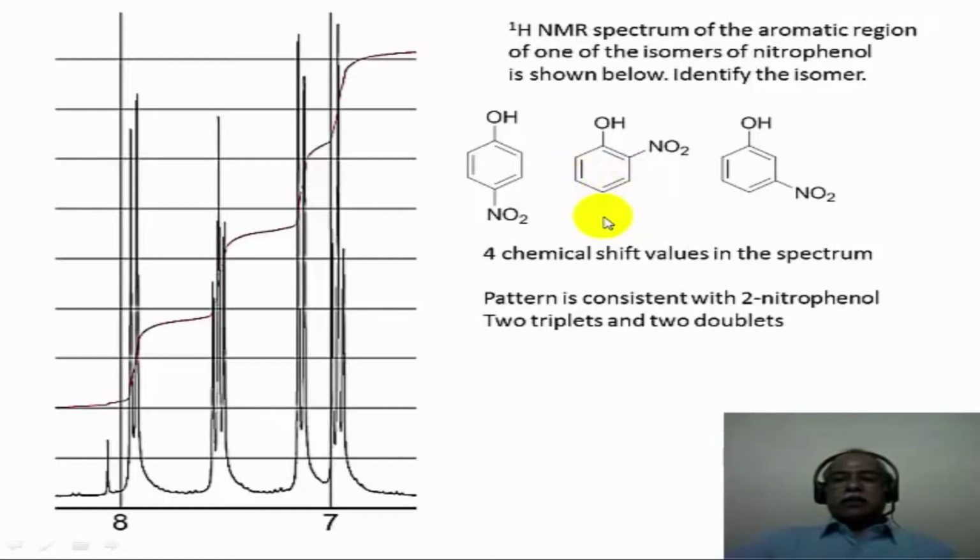So this will be essentially a triplet. Similarly, this hydrogen also has 2 ortho coupling partners. In most instances, the ortho couplings will be identical in nature. So this would be a triplet. This also would be a triplet. So essentially, you see these 2 triplets for these 2 types of hydrogens which are in the middle here, and 2 doublets which are corresponding to the hydrogen ortho to the nitro and ortho to the hydroxy functional group.